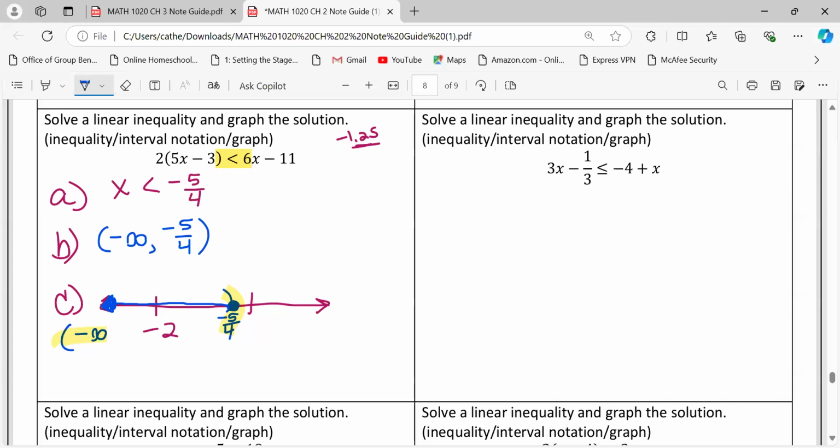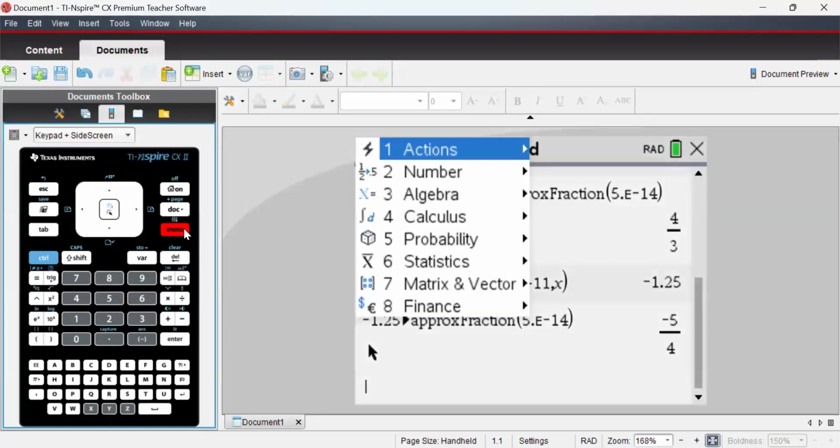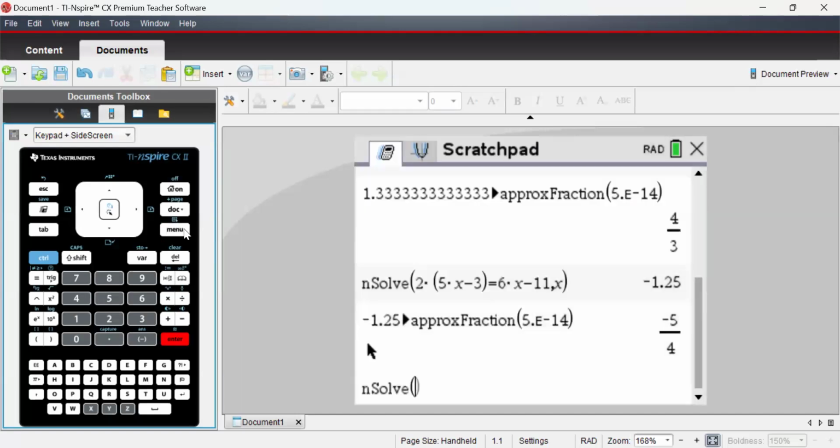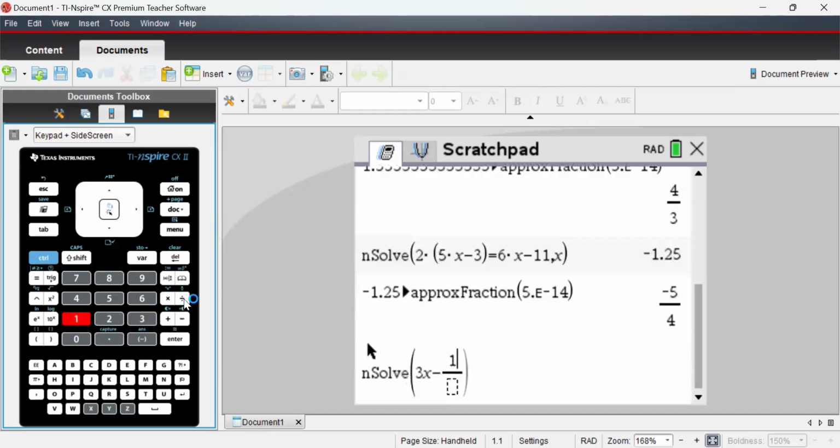Let's go to the next one. So menu, algebra, numerical solve. Number 30.